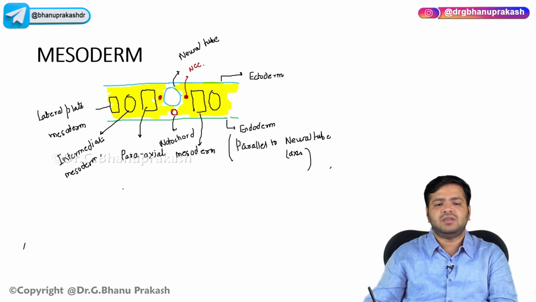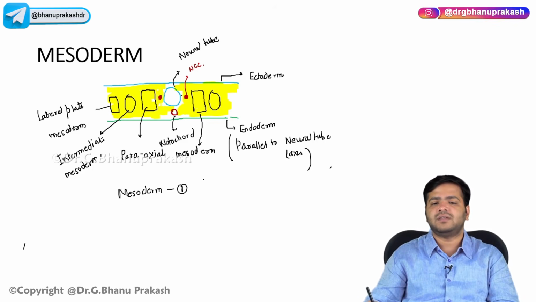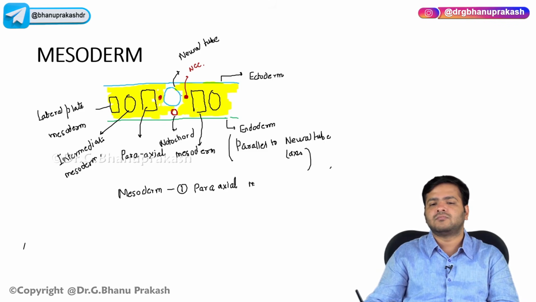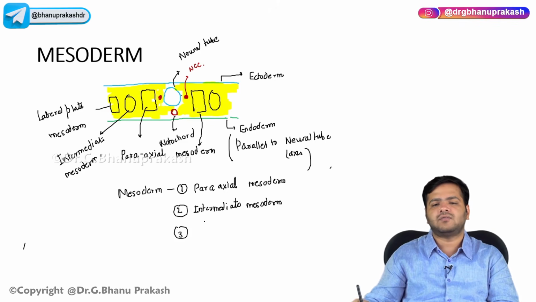So the mesoderm is of three types. The first one is called the paraaxial mesoderm. The second one is called the intermediate mesoderm. And the third one is called the lateral plate mesoderm.